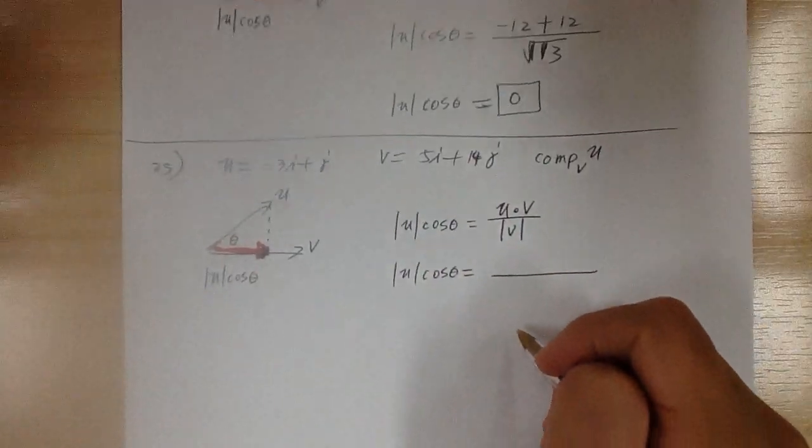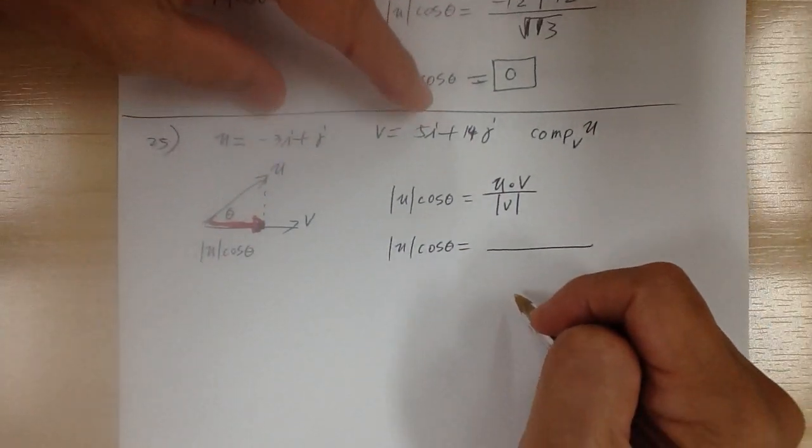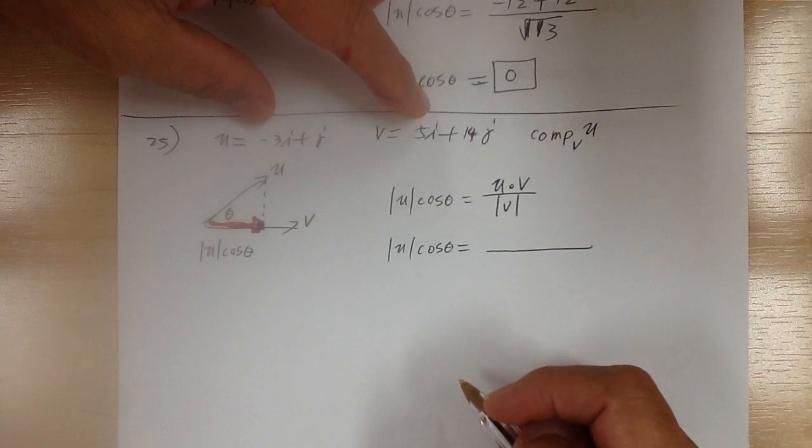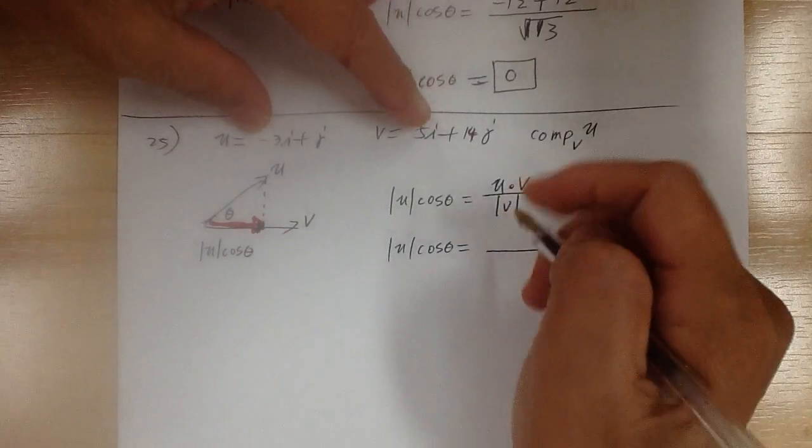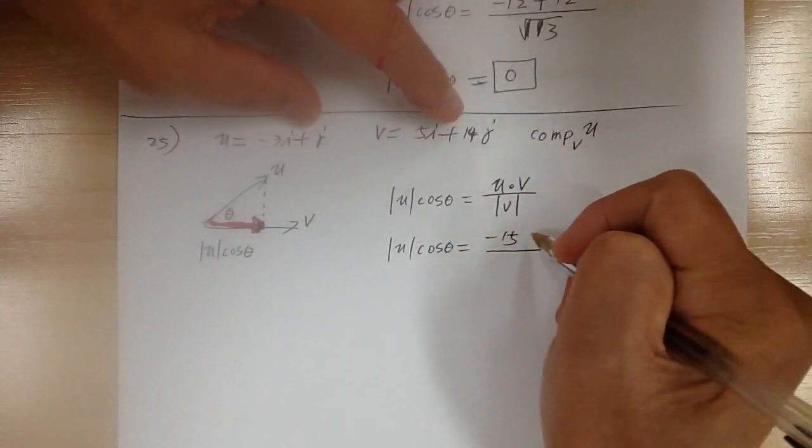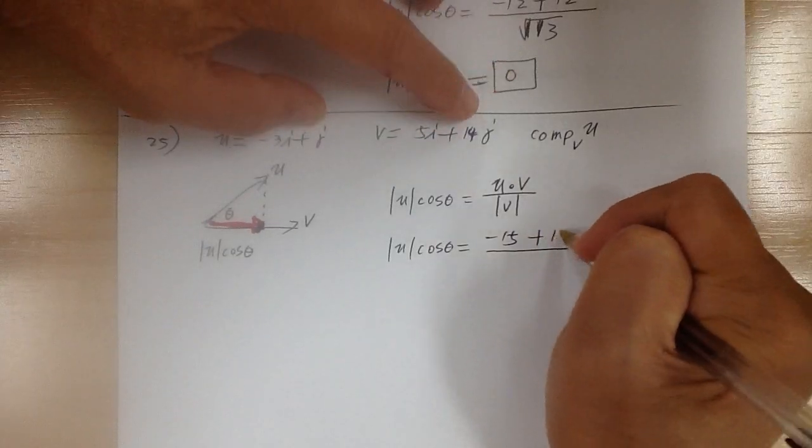So let's go and dot this together. When you dot product, you just multiply the corresponding components. So this would give me -15, and 1 times 14 would be plus 14.